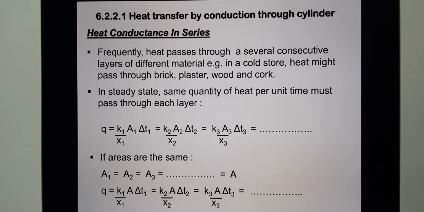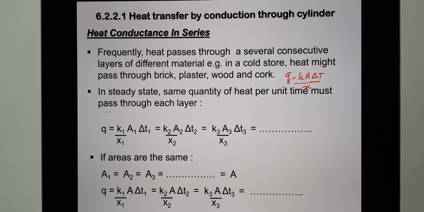We assume in steady state, the same quantity of heat per unit time must pass through each layer. Alright, so can you see this equation? Q equals to kA delta T over x. If let's say I have three materials here, Q for material number 1 must be the same value as for material number 2, and the same as the Q value for material number 3.